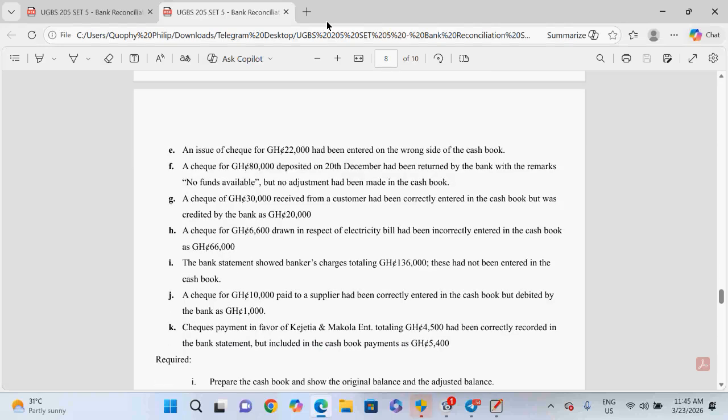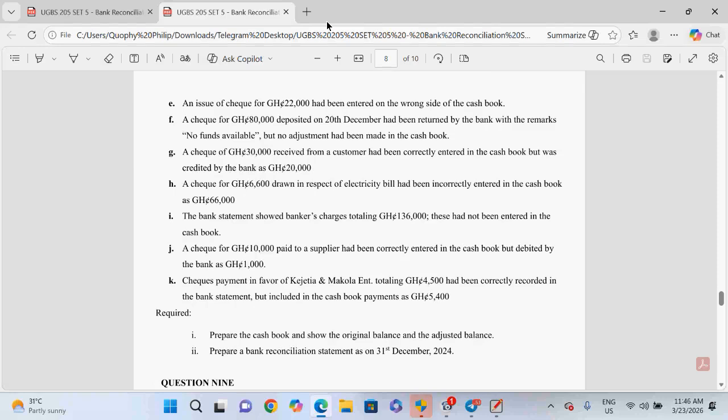So please can you scroll down? K. Check payments in favor of the Enterprise totaling 4,500 had been correctly recorded in the bank statement but included in the cash book payment as 5,400. Required: I. Prepare the cash book and show the original balance and the adjusted balance. II. Prepare a bank reconciliation statement as on 31st December 2024.